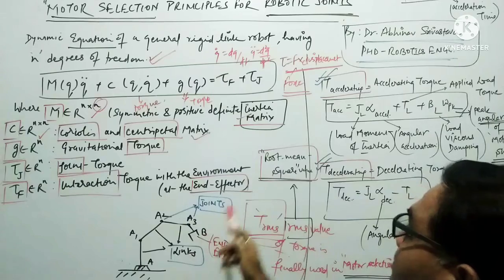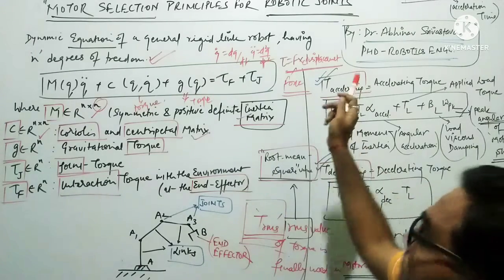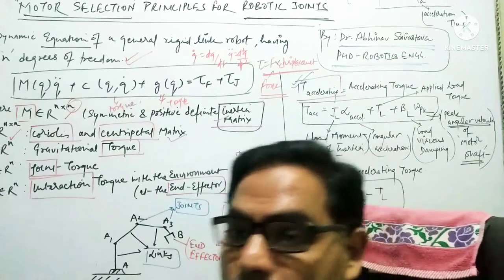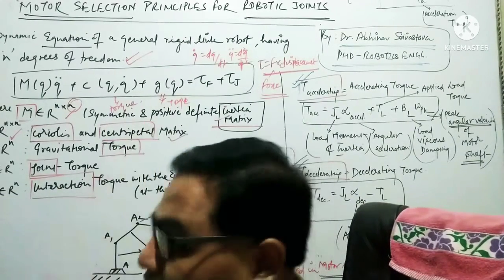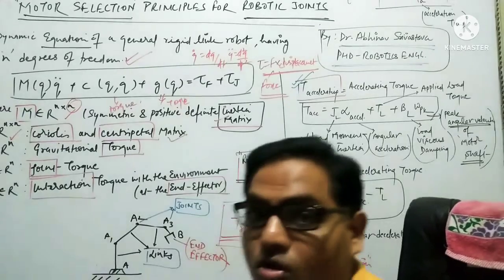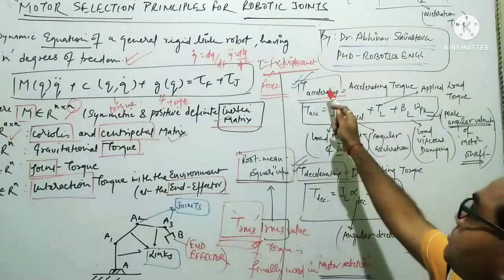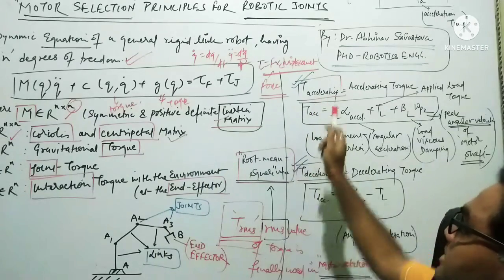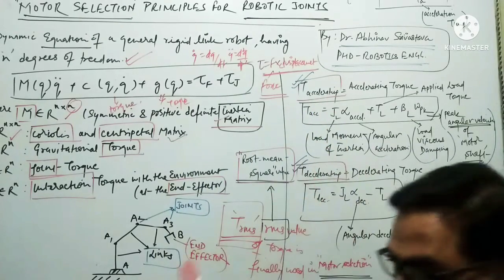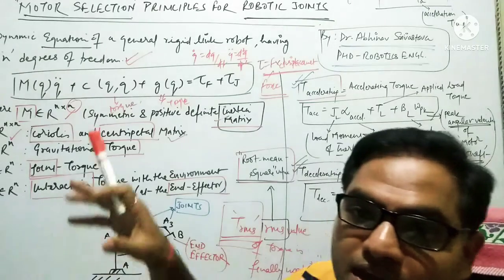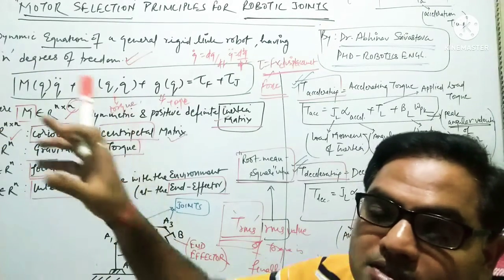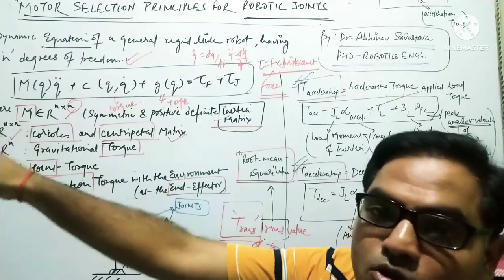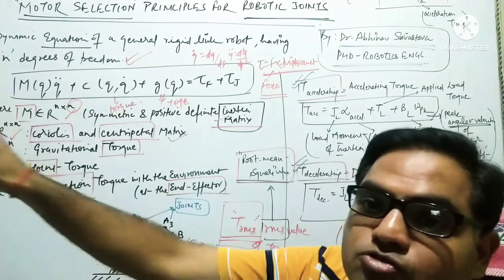The next important thing is that I have summarized these equations. Then what kind of individual torques are there and how can we calculate them? We can calculate the torques in two forms: first the accelerating torque and second the decelerating torque. When we grasp an object, moving from a certain resting position to an active state, some accelerating torque should be there.